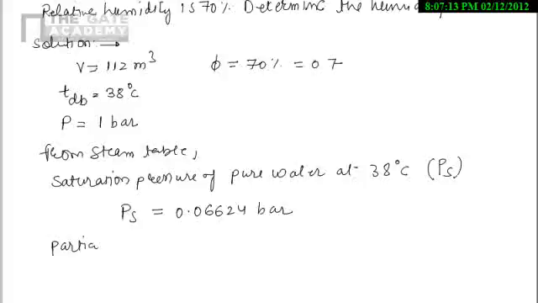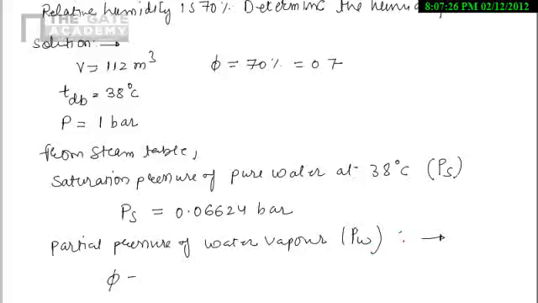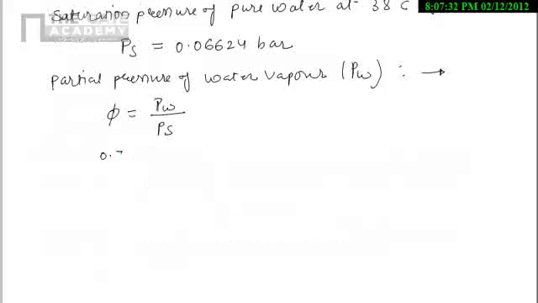So the partial pressure of water vapor is denoted by Pw. We know phi equals Pw by Ps. Phi in that problem is 0.7, Pw we have to find, and Ps is 0.06624.